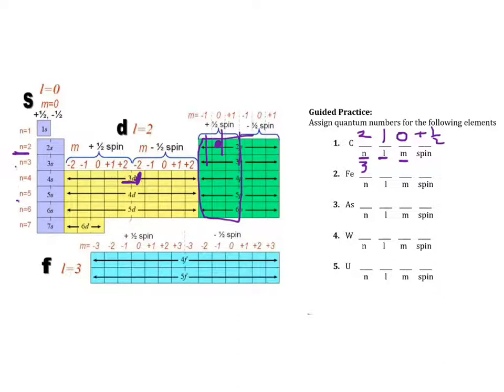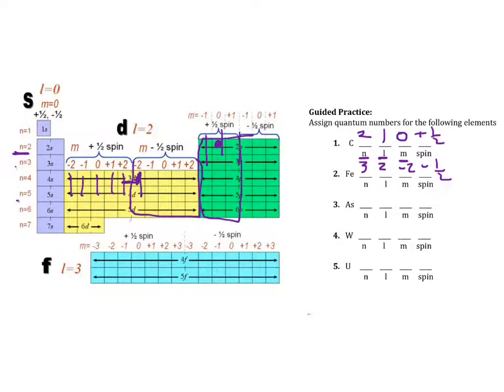A common mistake is that people put 4 because they see it's in the 4th row, but it's actually in the 3D, so you need to put 3. So L is going to be 2 because that tells you which block it's in. M is going to be, well, we got -2, -1, 0, 1, 2, so it's -2. And then notice how it's in the second half of the block, so it's going to be a -1/2.